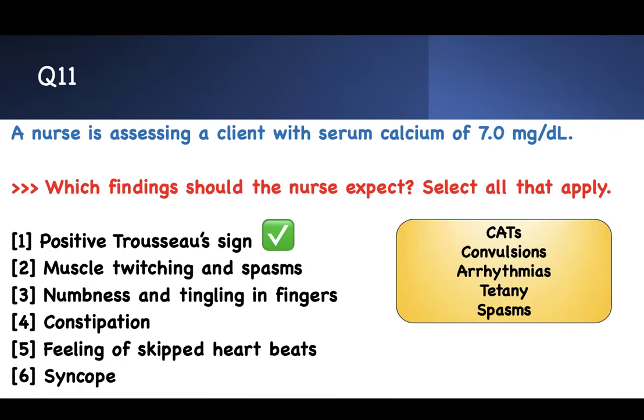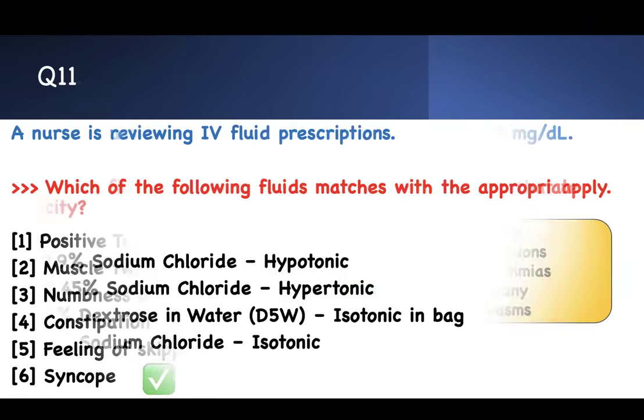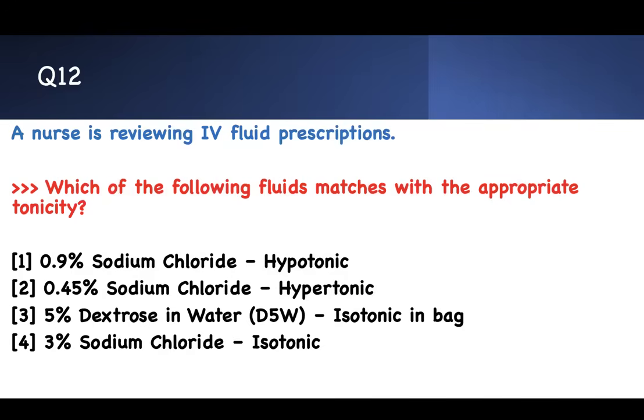Therefore, 1 is right. 2, 3, 4 are not associated with hypocalcemia. Feeling your heart skipping a beat is palpitation, that's arrhythmia, and the syncope, you passing out. So the mnemonic is CAT: convulsion, arrhythmia, tetany, and what? Spasm. Hypocalcemia symptoms.